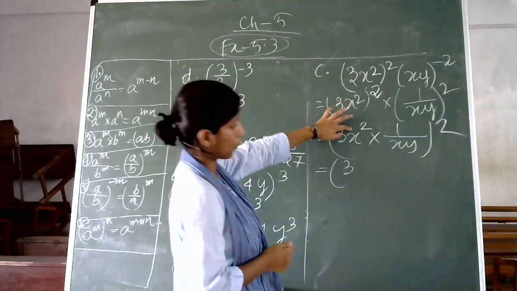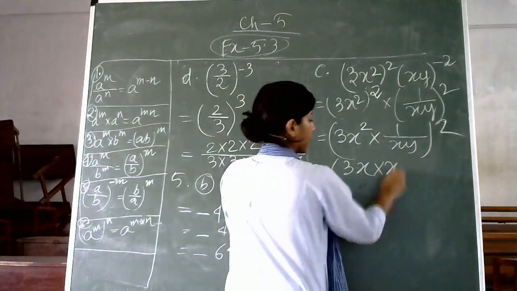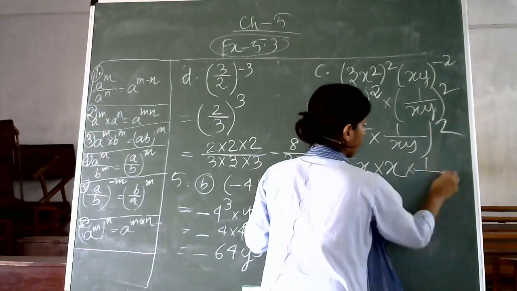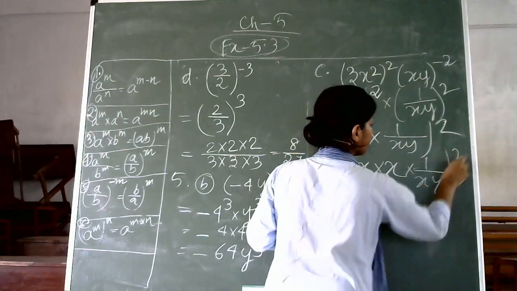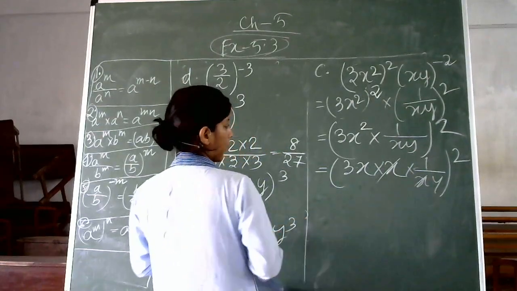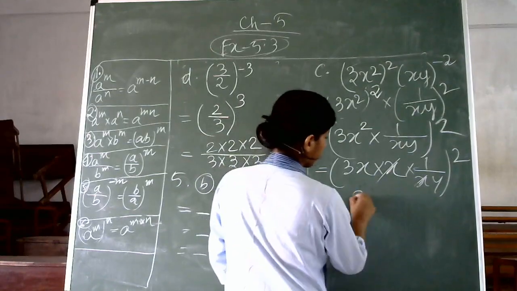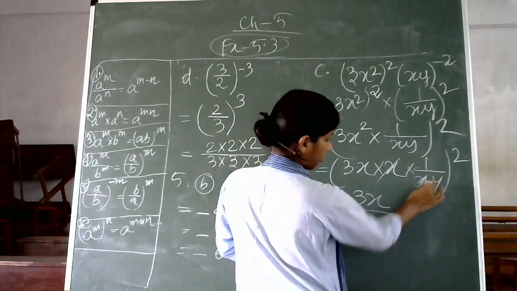You see here x square means what? X into x, right? And there I have 1 by xy. So you see I can cut 1x with the other one, right? So how much am I left with? 3x and this y.